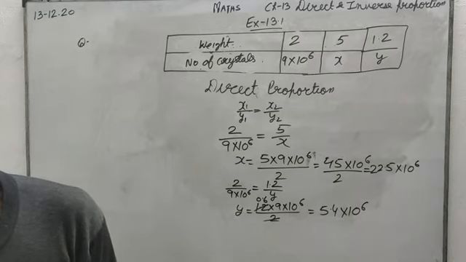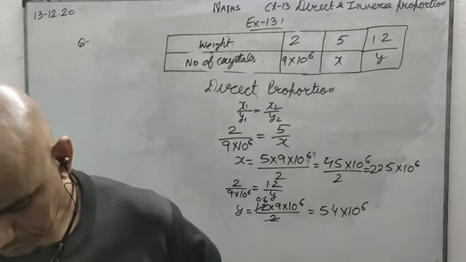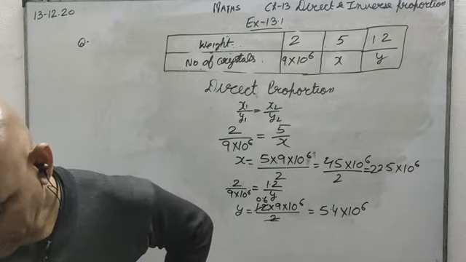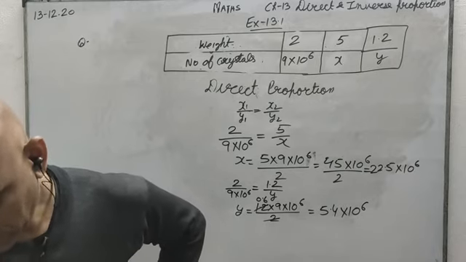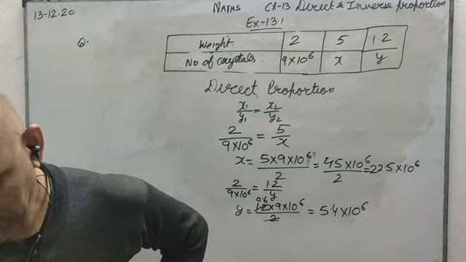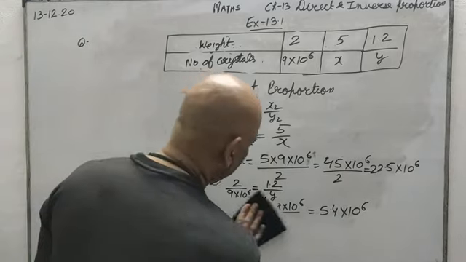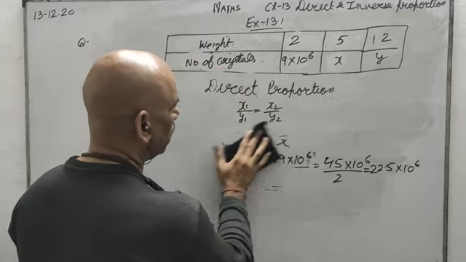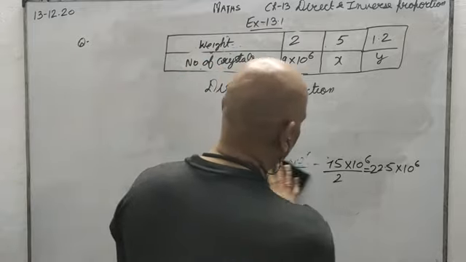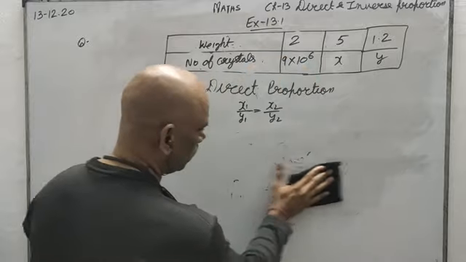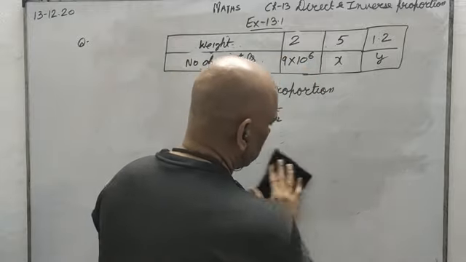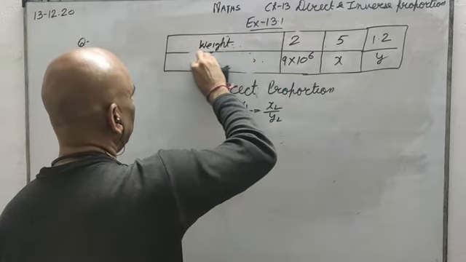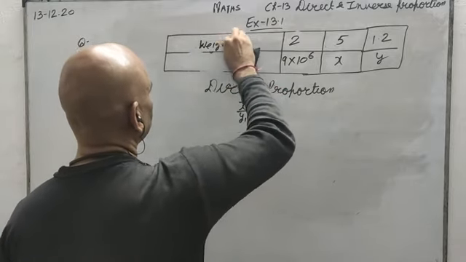Okay. Let's see question number 8. Rashmi has a road map with a scale representing 1 centimeter is equal to 18 kilometer. So on the map it is 1 centimeter, in actual it is 18 kilometer. So distance on map and distance in actual.